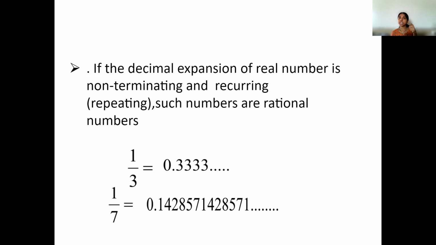If the decimal expansion is non-terminating, then the digits have to be repeating. For example, the decimal expansion of 1 by 3 is 0.3333. So this is a rational number. Why? Its decimal form is not ending, but the repeating digits are the same. So it is a rational number.